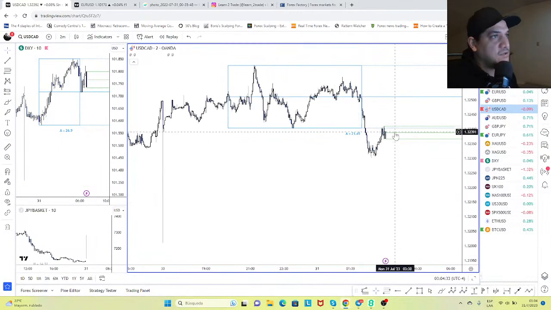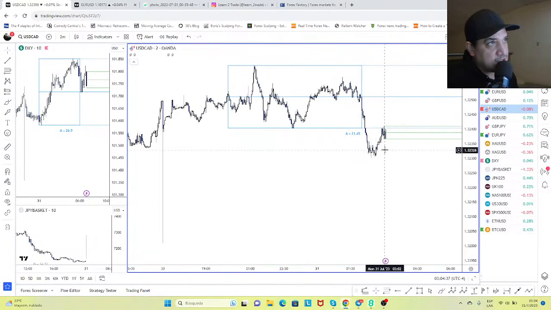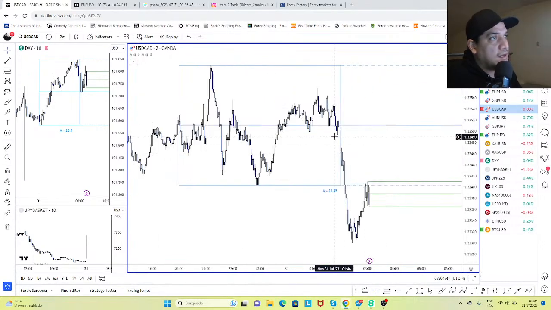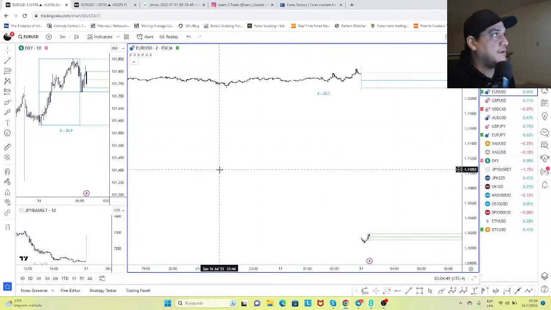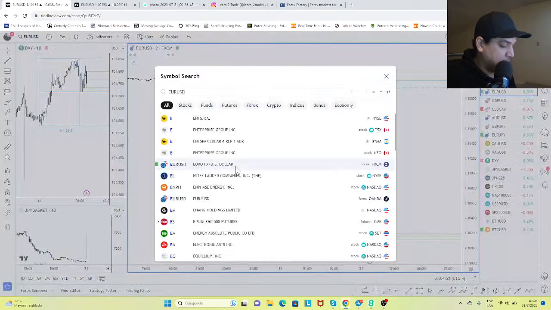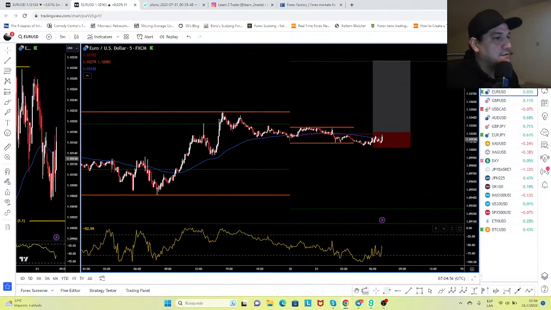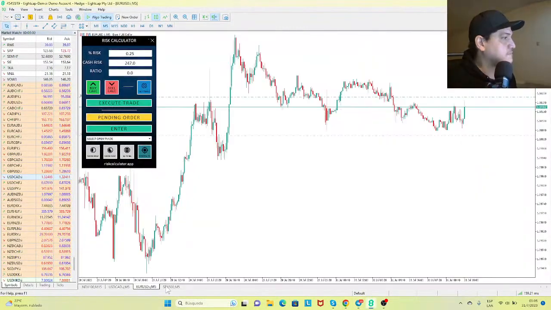Like in this US dollar, Canadian dollar, we have a clear break of the Asian session lows, clear breaks of the structure, clear imbalances left because of selling pressure. So FXCM's data feed is messing up. I wouldn't trade with them ever. That's just me.